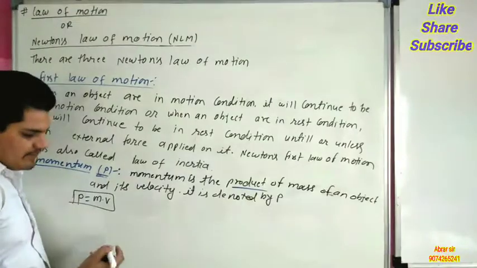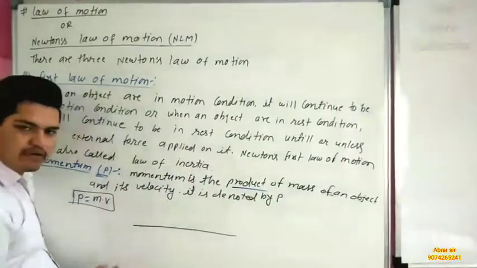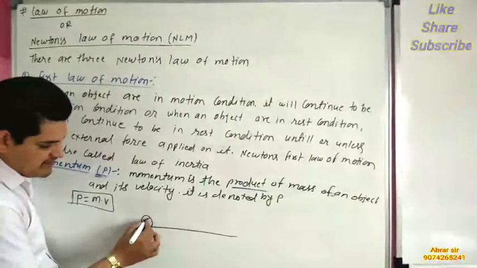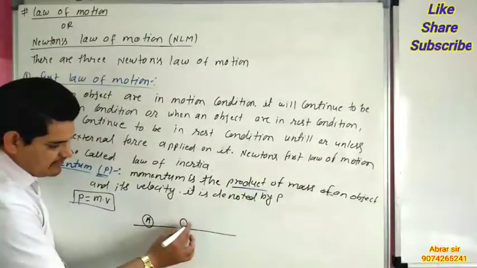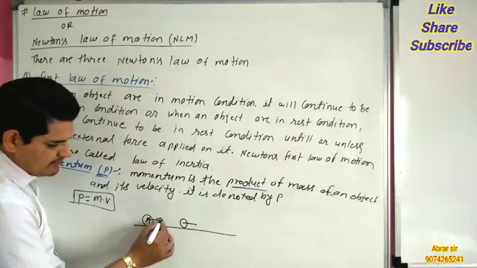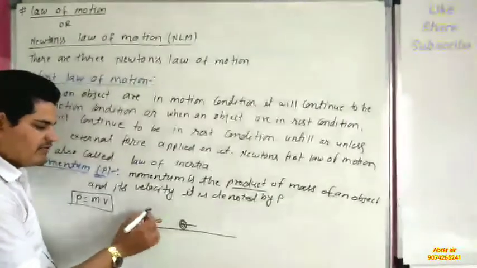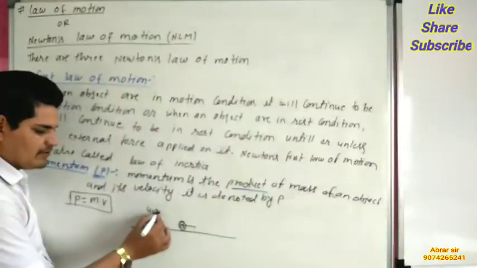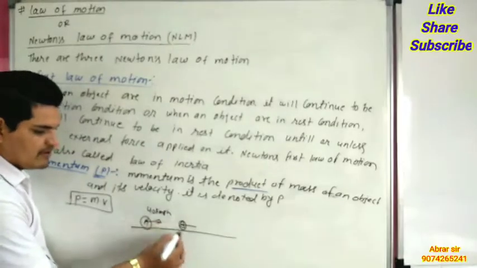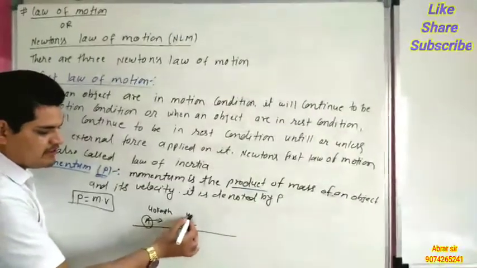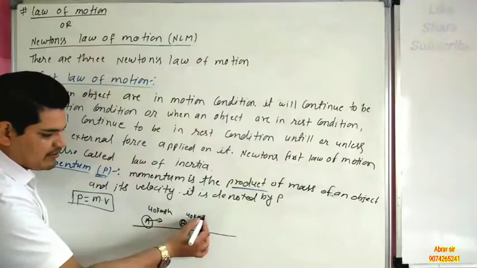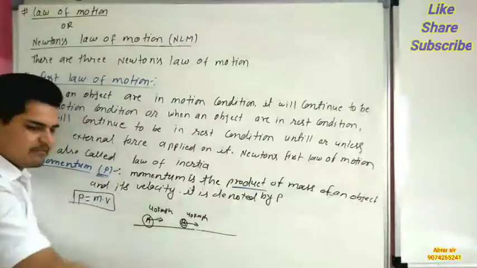We can understand this with two objects, object A and object B. This is moving with a speed of 40 km per hour. This is also moving with a speed of 40 km per hour in the same direction.